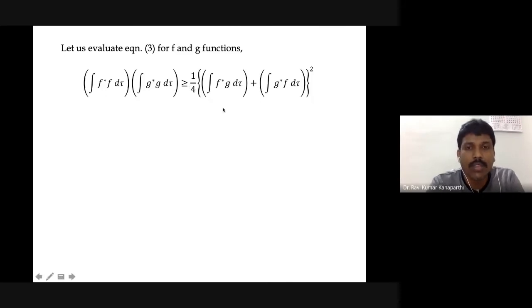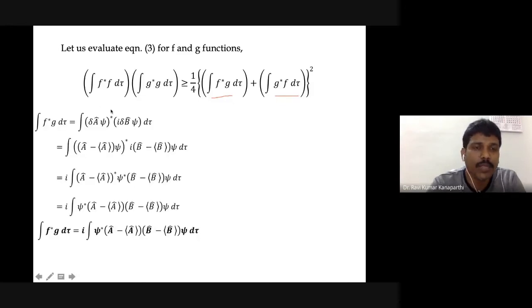On the right hand side, these quantities are not evaluated, so let us evaluate them. The first quantity: what is this integral? F is delta A psi star, and g is defined to be i delta B psi d tau.